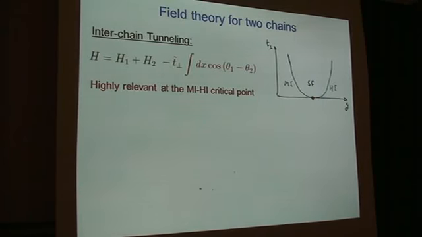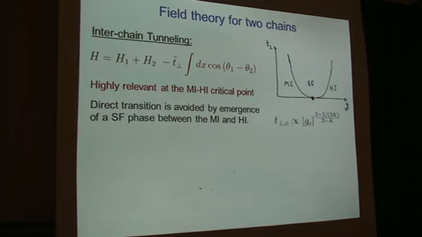You find that it is relevant, and by how relevant it is, just using RG arguments, you can trace even the phase boundaries at weak coupling, weak t-perp. All this analysis is good for weak t-perp, of course.